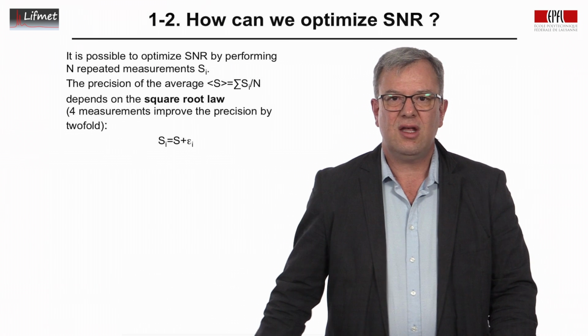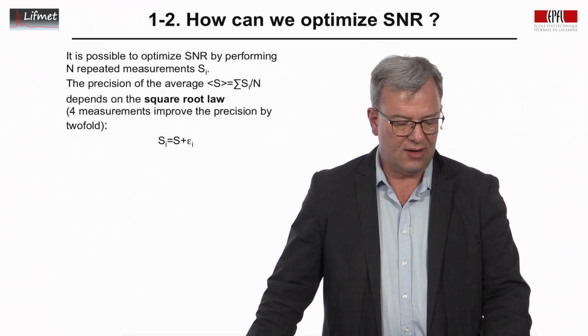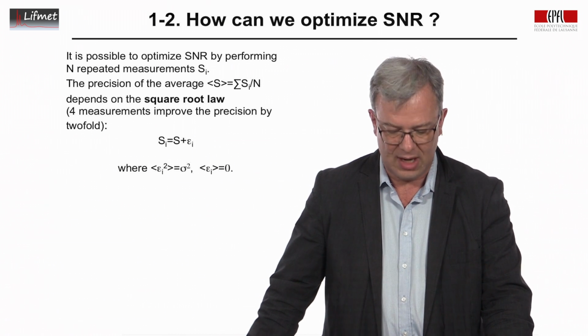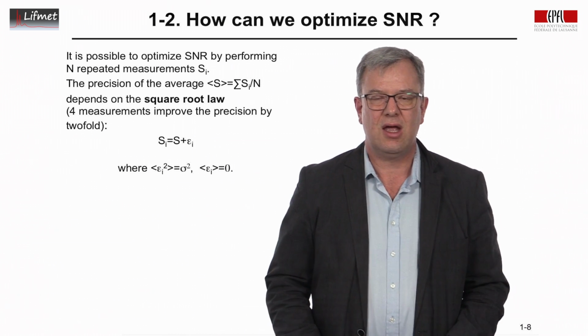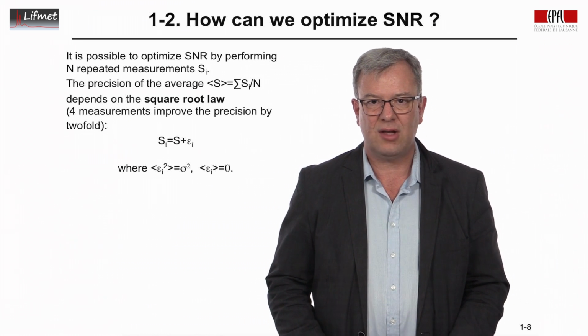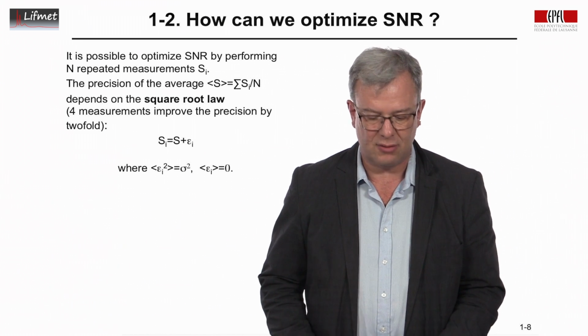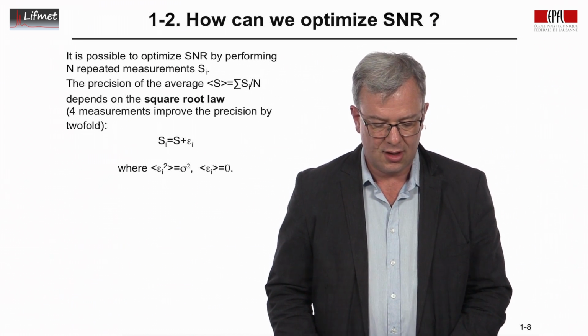I'll compose the ith measurement, one of the n measurements, as the true signal S plus a source of noise epsilon_i. So for the third measurement, for example, S_3, we have the true variable S plus a contribution of noise, which we call epsilon_3, now indicated by the index i.